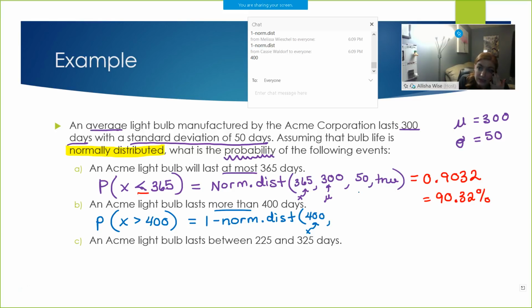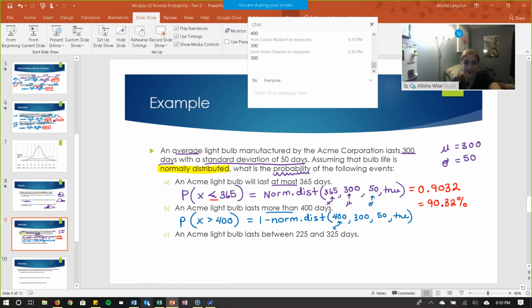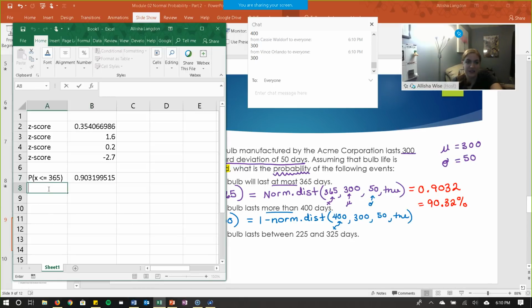What do you write next? Your mu, which is 300. Your standard deviation comes next, and then always true. So let's go ahead and find the probability that x is greater than 400.